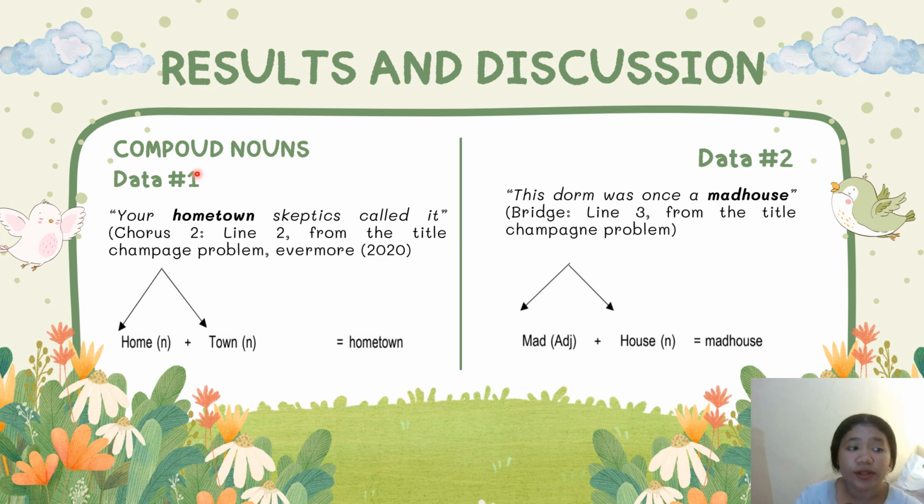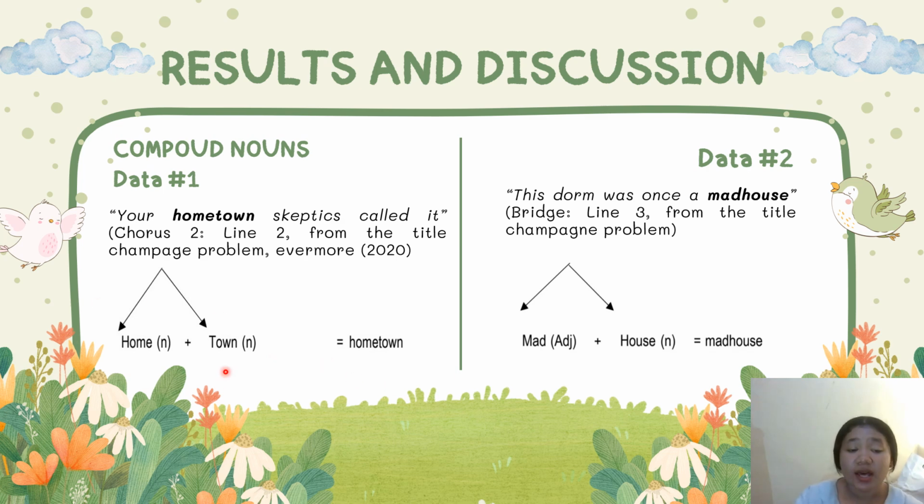The word home on the lexical level means the place where one lives permanently, especially as a member of a family or household. Meanwhile, the word town means an urban area that has a name, defined boundaries, and local government, and that is generally larger than a village and smaller than a city. With both being formed together as one, it is officially creating a new word and a new meaning.